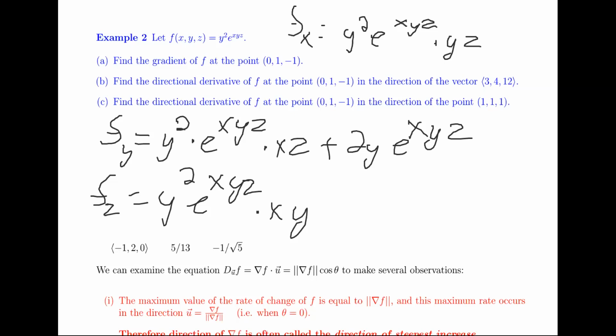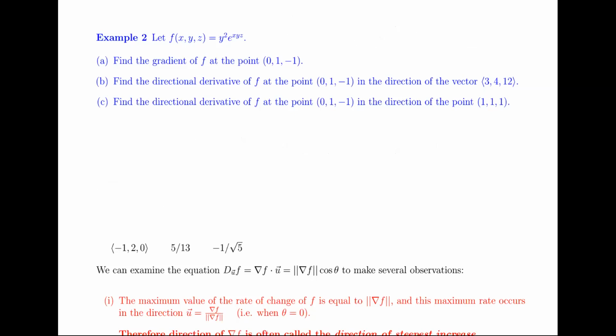All right. And so the gradient of f at 0, 1, negative 1 is equal to, now we plug in 0, 1, and negative 1 into f sub x. We get 1 times e to the 0, which is 1, times negative 1.